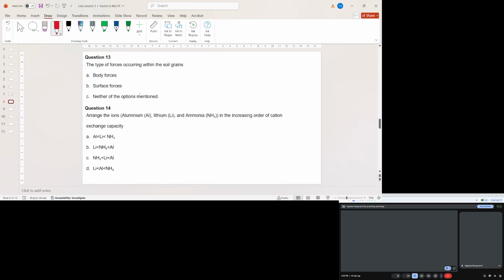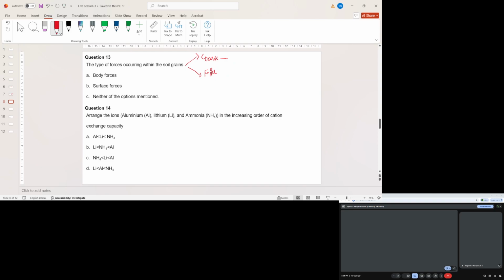Now coming to this, soil grains are broadly divided into coarse and fine, right? So coarse grain soil and fine grain soil.